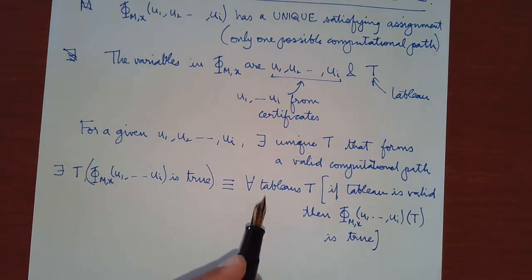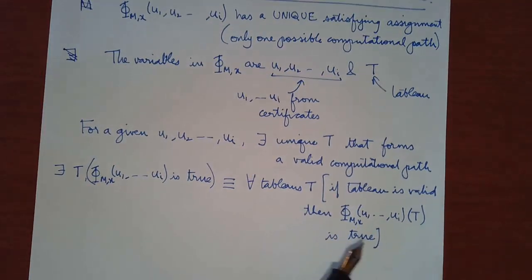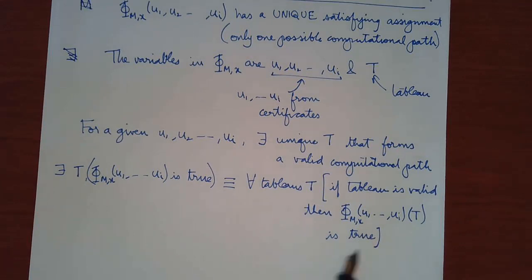So for all tableaus, if the tableau is valid, then the output of that formula, usually the accepting state, is true.